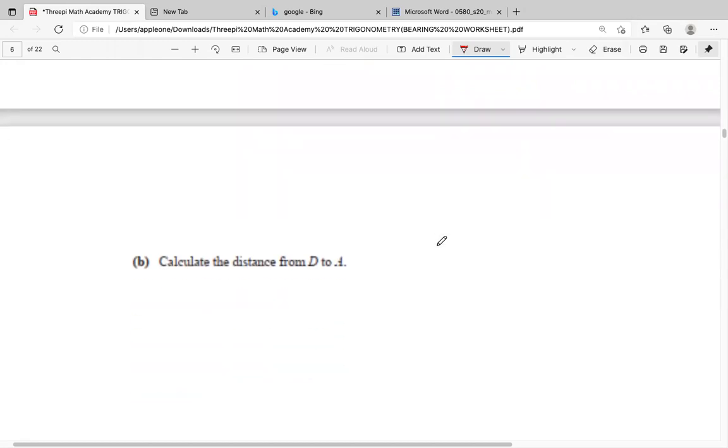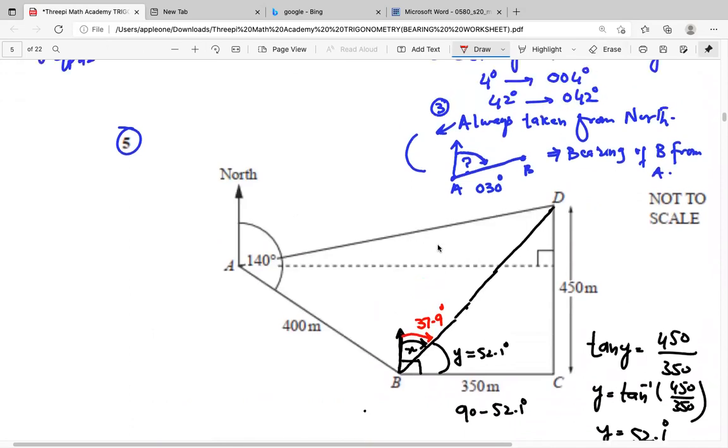What is the second part? Calculate the distance from D to A. Where is the distance from D to A? This is point A and that is point D. So this DA line is required. Now here is an issue.